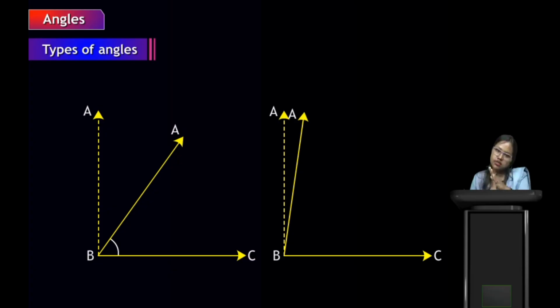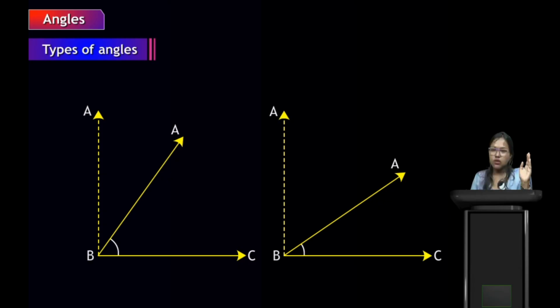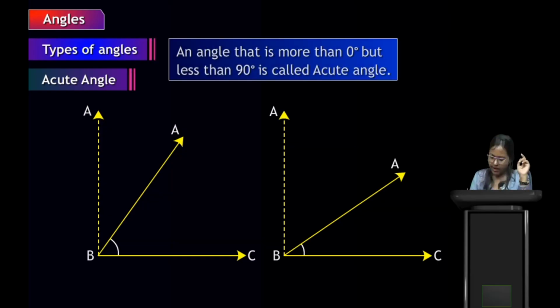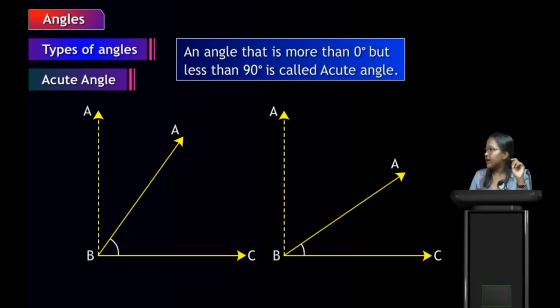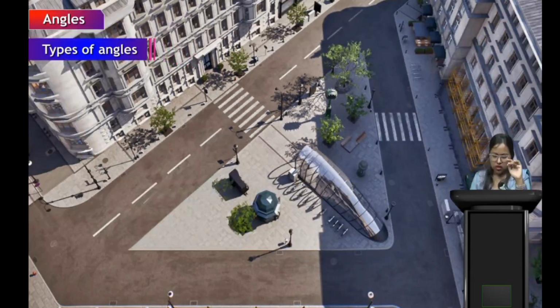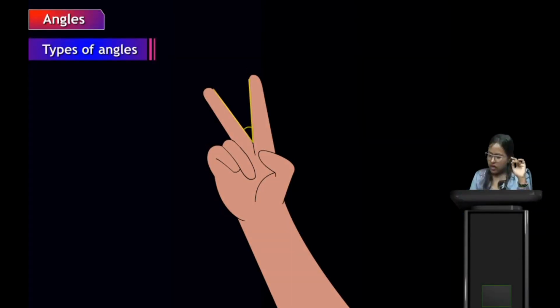Now if I shift a little bit less than 90 degrees, when you shift the arm, one arm less than 90 degrees, what is the name of this angle? Very good. This is called an acute angle. So these all are acute angles because the angle is less than 90 degrees. Here is another example.